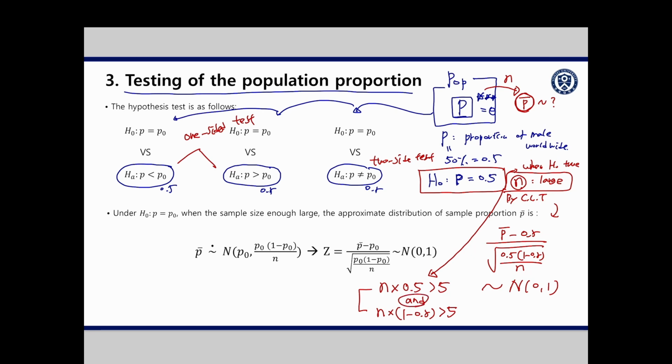Okay, so in general, if the specified proportion is P0, then we can write it as follows.